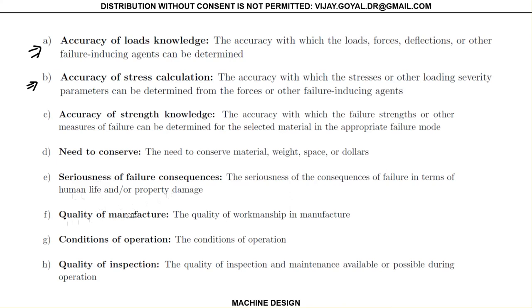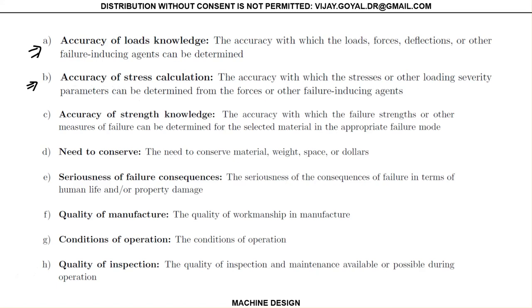What is going to be the type of manufacturing involved with that? The type of operation conditions: is it going to be operating constantly, in high weather, severe operating conditions, or is it going to be mild? It all depends. The quality of the inspection. Every product needs to have some sort of an inspection, and that's very important.